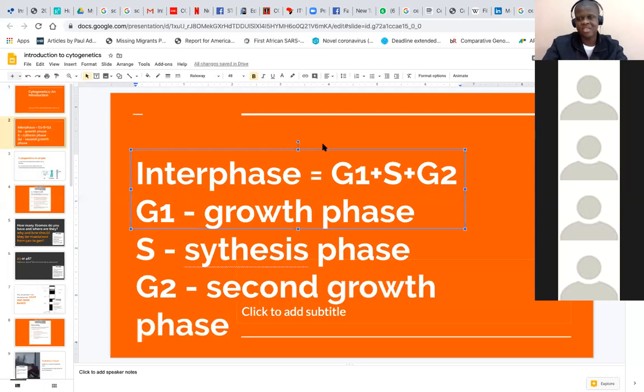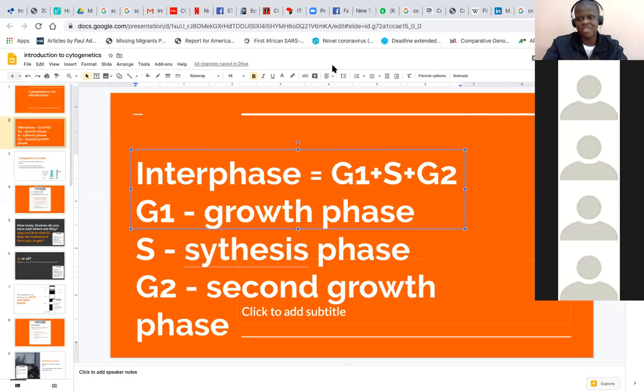But when you're trying to explain mitosis, some of you will just mention we have the interphase, we have the telophase, we have the anaphase. But interphase alone is the stage in which the cells spend the longest time that you can imagine.